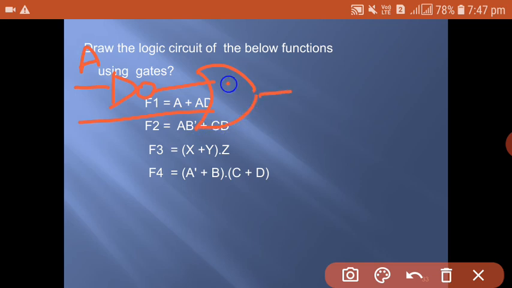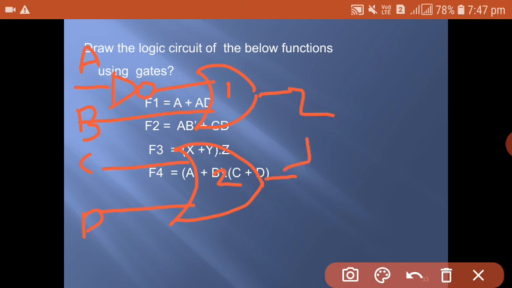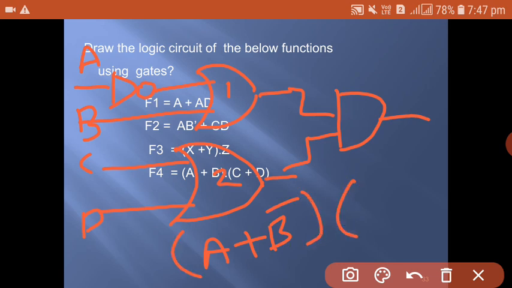This is the first OR gate, and for the second OR gate you need to consider two variables. C and D are the inputs for the second OR gate, A bar and B are the inputs to the first OR gate. To these two, you need to connect an AND gate, so that the expression will be A bar plus B into C plus D. This is the output of the given logical function.